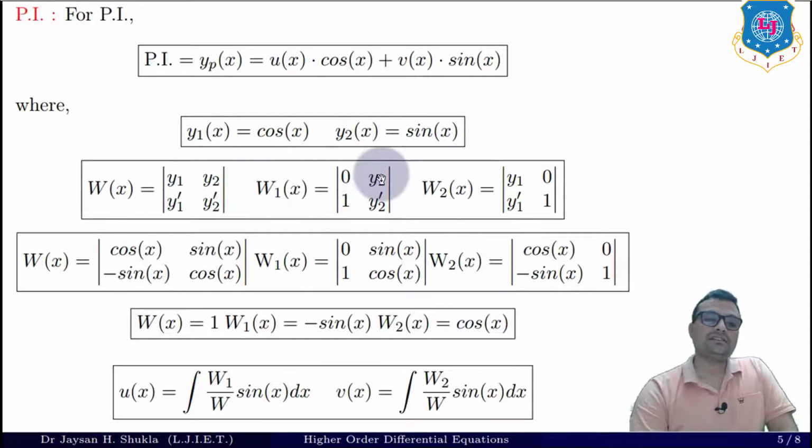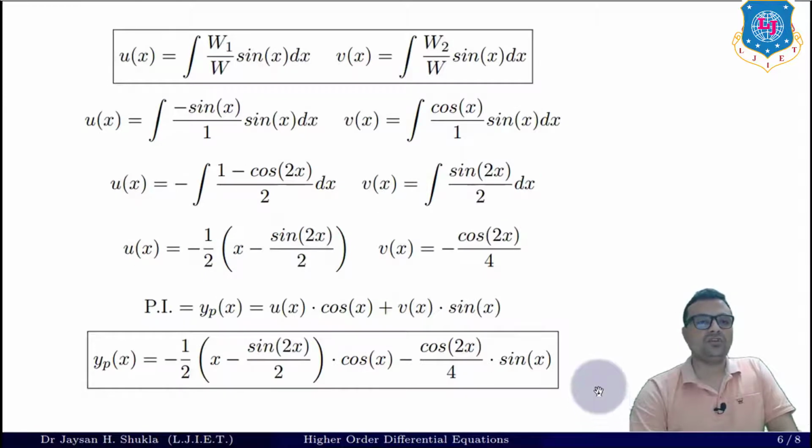U is for y1, so I am taking component W1, so it is W1 by W sin x. V is the component of y2, so I am taking W2 by W sin x dx. Now integrating these two will give me the final answer of u and v.